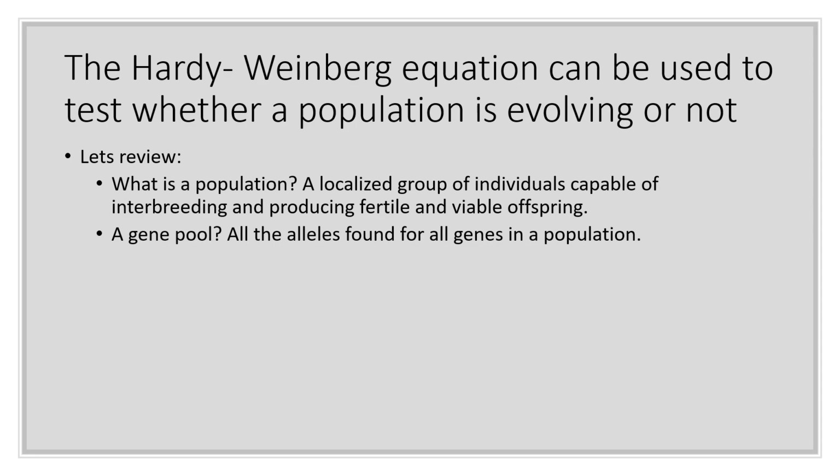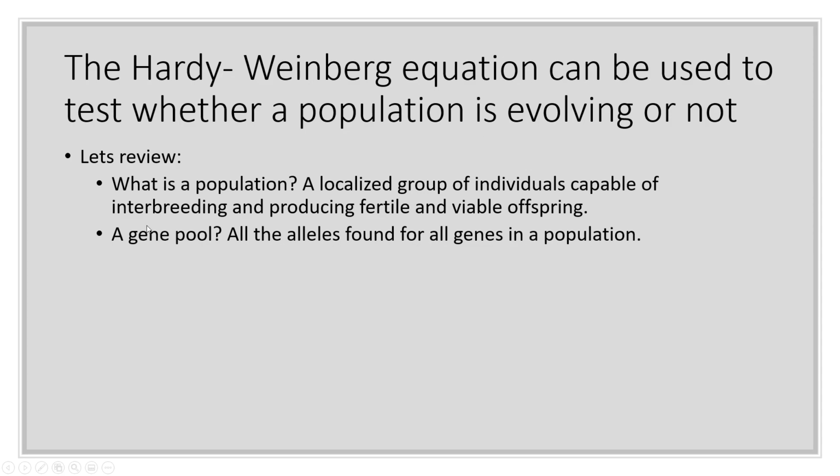If it is not evolving, then it would follow Hardy-Weinberg equilibrium. You can start to see the statistics we can do here, looking at a population and determining, using Hardy-Weinberg equilibrium, whether or not it is evolving.